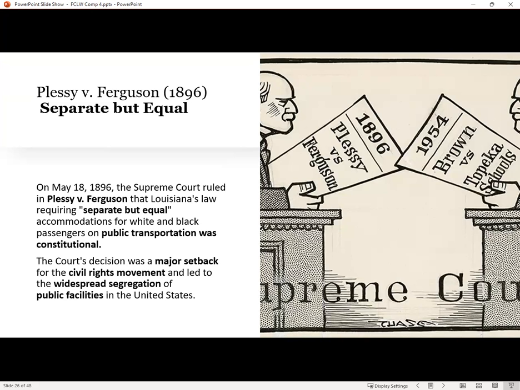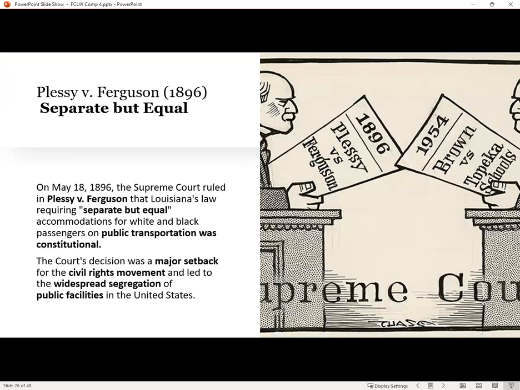But the court's decision was not what they had thought. Instead, the court said, well, as long as there's two and it's equal, then it doesn't matter. You can do this. And then what happened in the South is every single government, Louisiana, South Carolina, Georgia, started making separate bathrooms and separate schools and separate hotels and separate anything you can think of that's public.